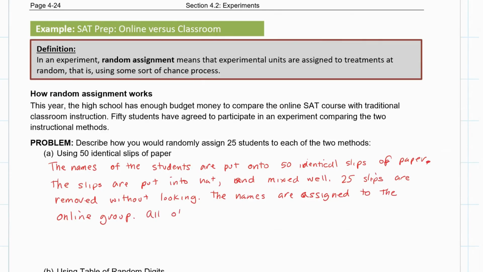All others are assigned to the traditional classroom, the traditional course. Okay? Important that we didn't let people choose themselves because that could introduce a confounding as well. But that's one way that we might assign the people to the two groups.